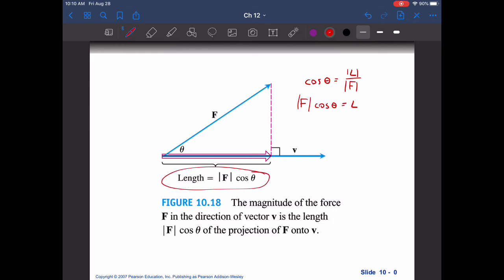So that's just from our old trig definitions of sines and cosines. And the length of that is the length of the projection of F onto v, okay?